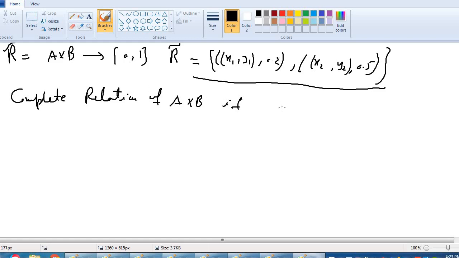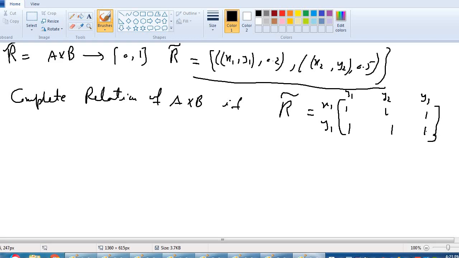It is complete when the fuzzy relation R has x1 y1, y1 y2 and then y3, and for complete we say that all the fuzzy ordered pairs have the membership value 1, 1, 1, this is 1, this is 1, this is 1. Then we say that this fuzzy relation is complete.